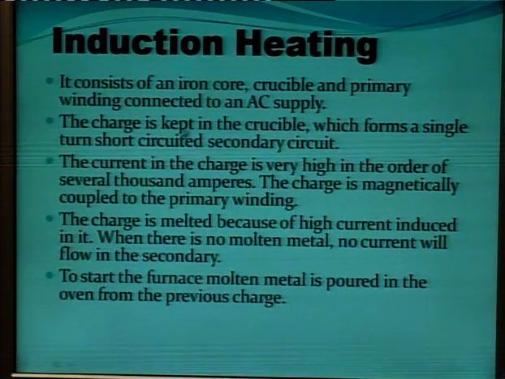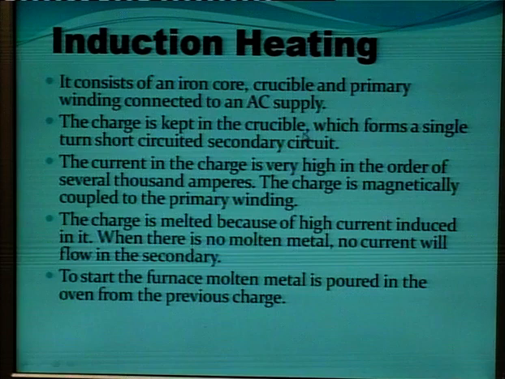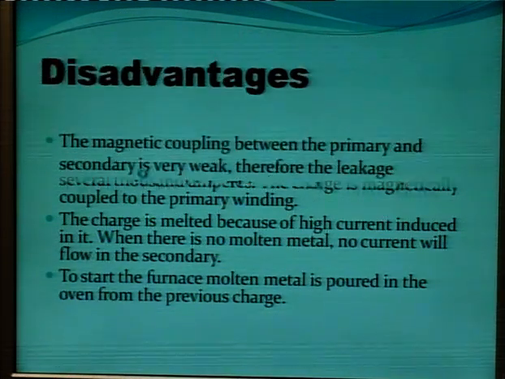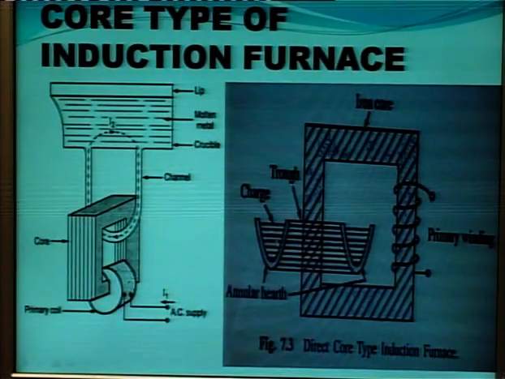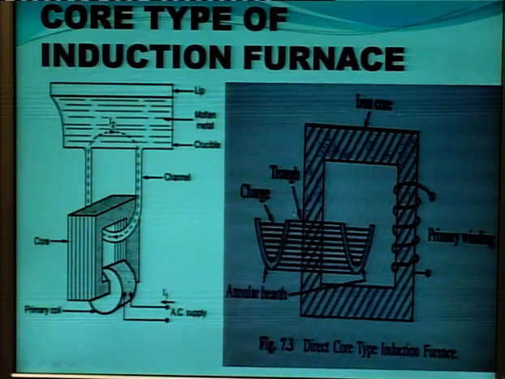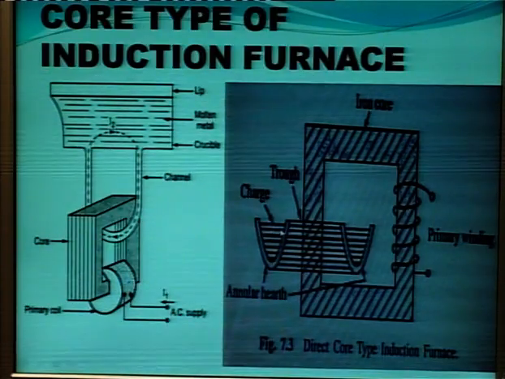The charge is kept in the crucible, which forms a single turn short circuit secondary circuit. Now in that crucible we have added the charge which we want to heat.